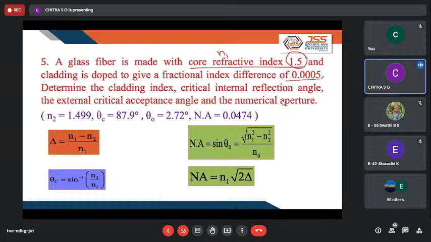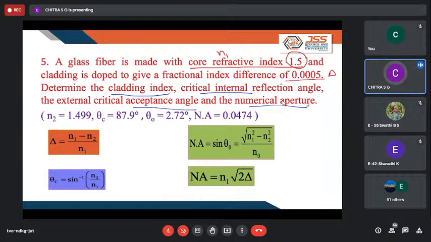Delta is 0.0005. So now we are supposed to calculate the cladding index, that is N2, and the critical angle of incidence, that is theta C, and also the angle of acceptance and the numerical aperture. So we have to calculate one by one.